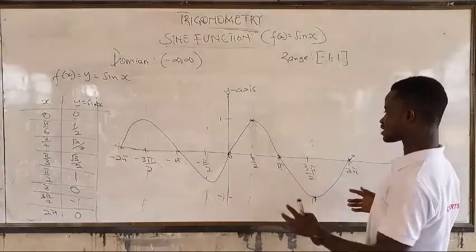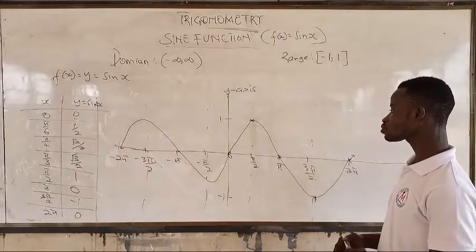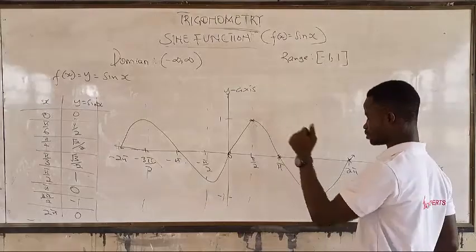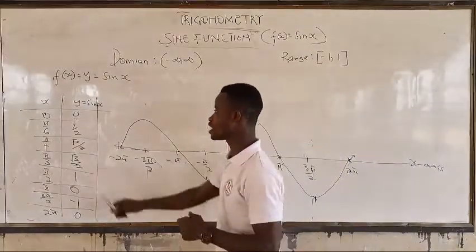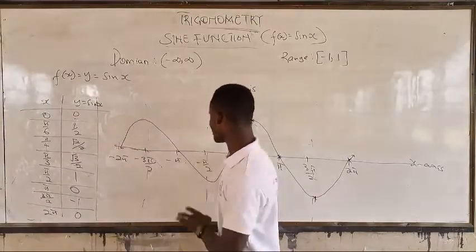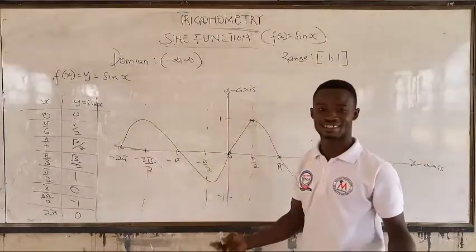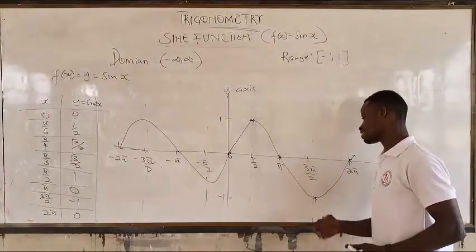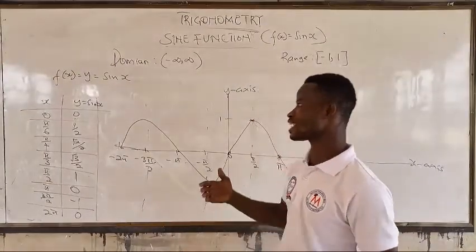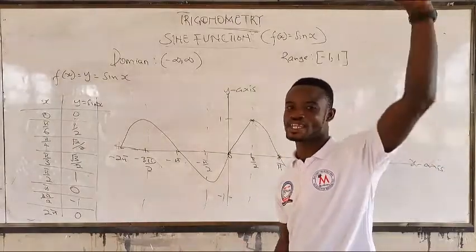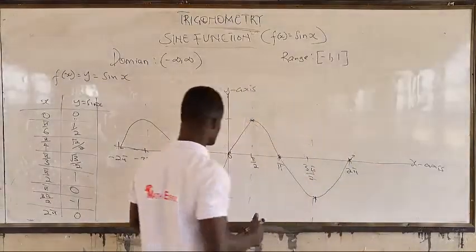Now, you can see that from the graph, let me first take it from the table. You can see that from the table we have 0 to 2 pi without the negative. It doesn't matter. It is the same thing, okay? If you are to go for the negatives, your table will be too lengthy. That's why. Very good.